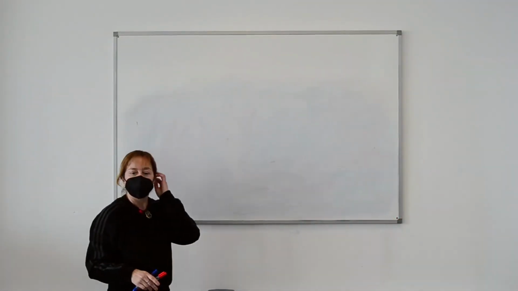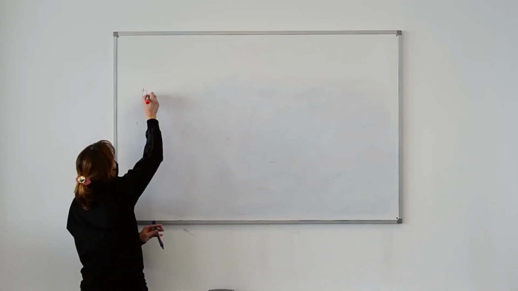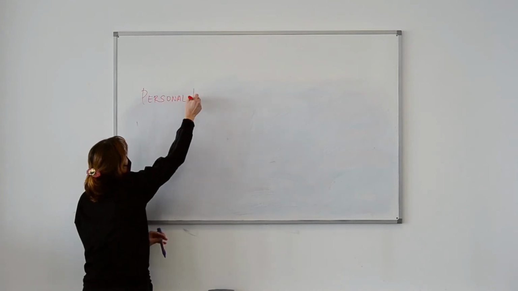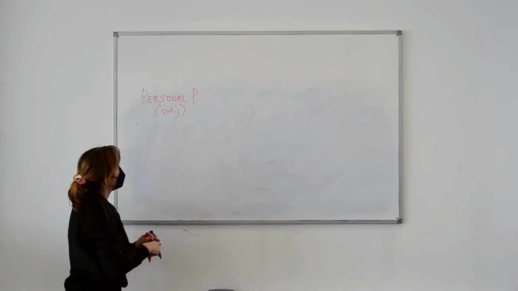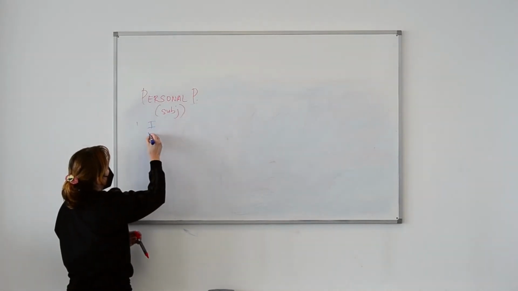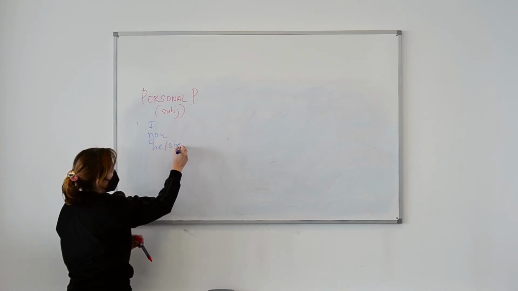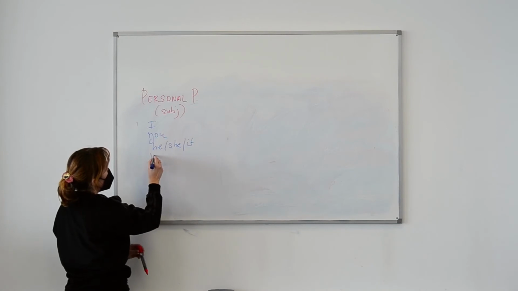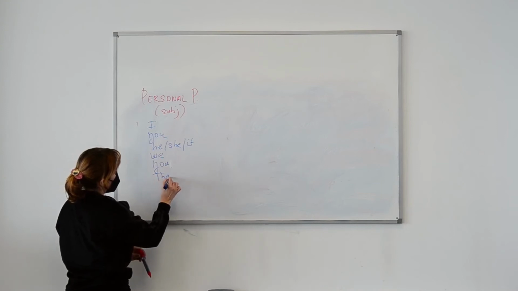Finally, we are going to review pronouns. Pronouns in English. Personal pronouns function as a subject. Which ones? I, you, he for masculine, she for feminine, it for animals or things, we, you, and they.